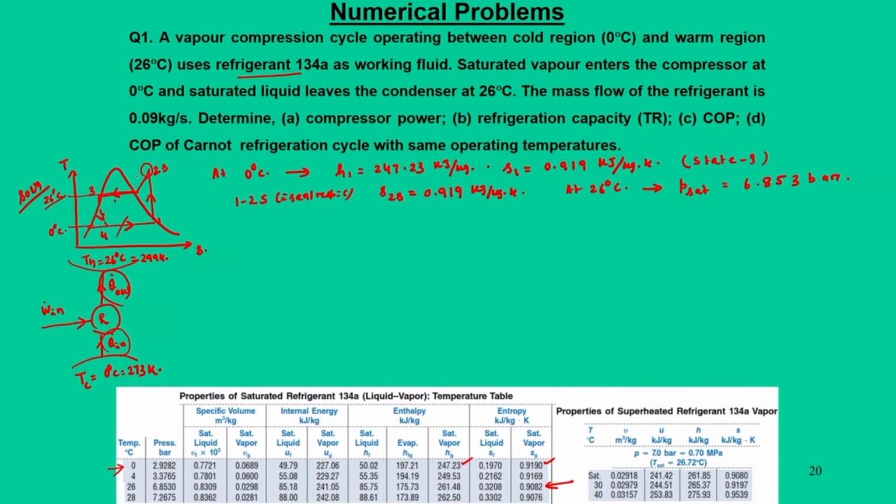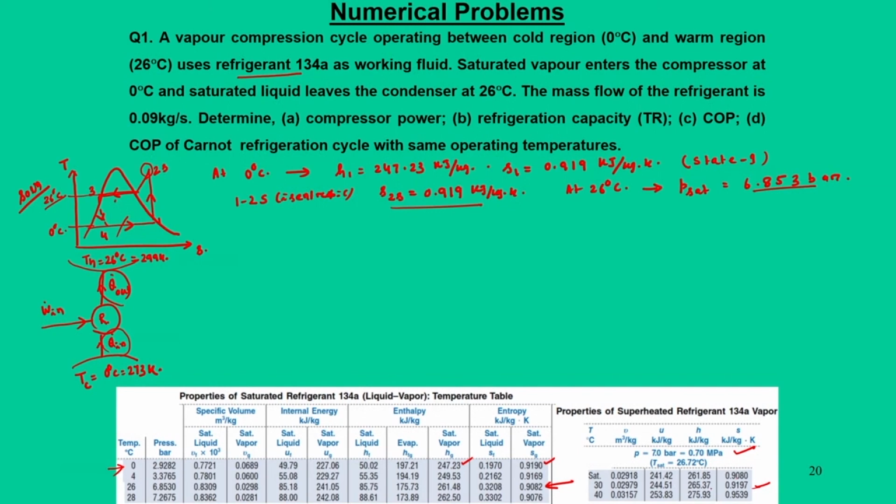To calculate state 2s, we have pressure 6.853 bar and entropy 0.919 kilojoule per kg Kelvin. For that we have taken the superheated value close to 7 bar and entropy value 0.919.